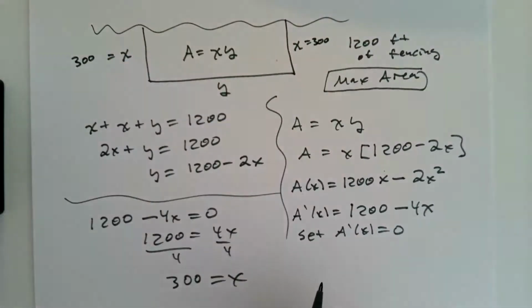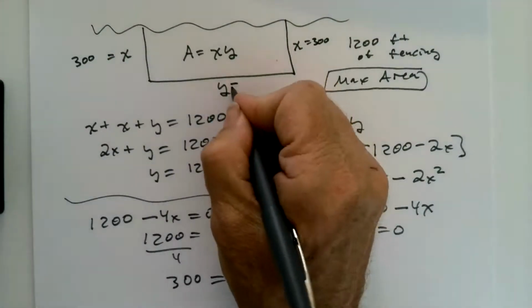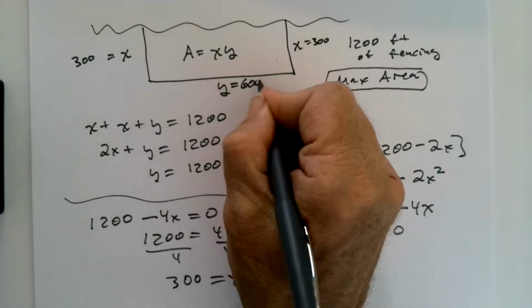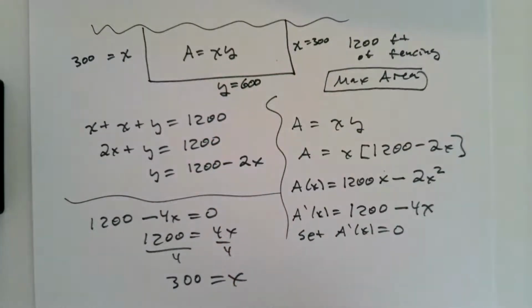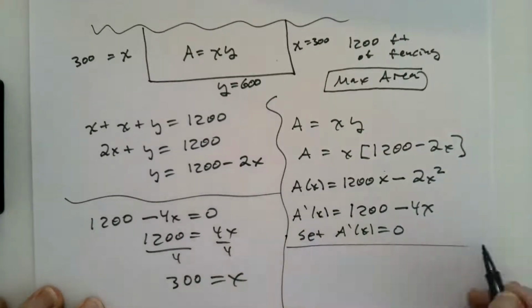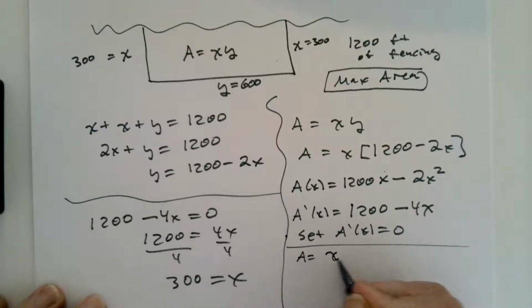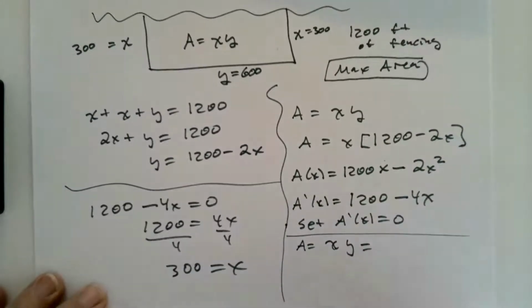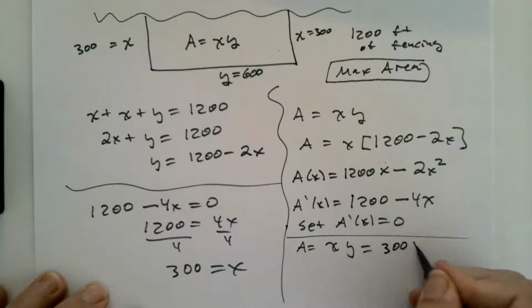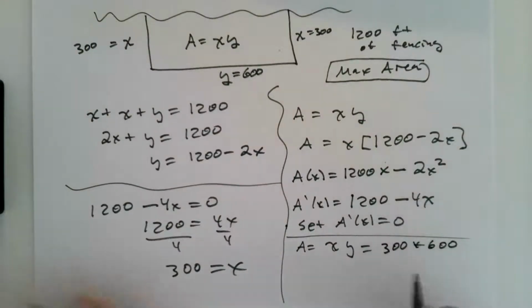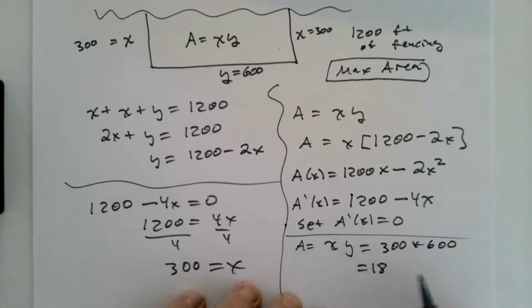He has a total of 1,200 feet of fencing, so this one is a total of 600. So x is 300, y is 600. So what's my area? Area is x times y, which is 300 times 600, which is 180,000.